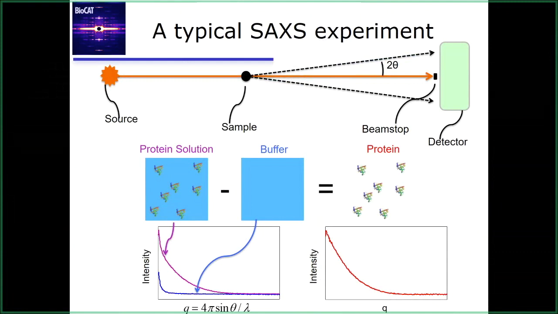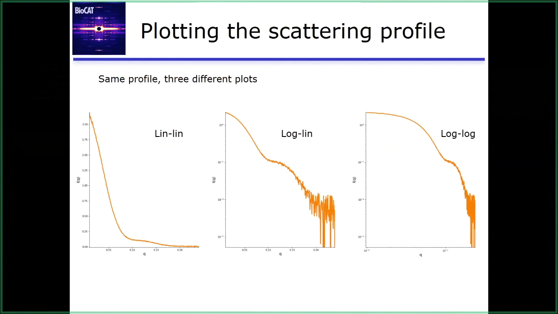What we're seeing here is protein plus buffer scattering in purple, buffer in blue, and then protein in red. This is how we actually carry out an experiment. We get a single profile, perhaps, or we get a bunch of profiles, depending on what we're doing, for the macromolecule by itself. And so that, in theory, kind of takes us up to the end of Kushal's talk, where we have some data, and we want to now start thinking about how to analyze it.